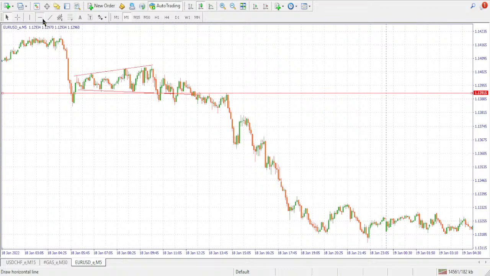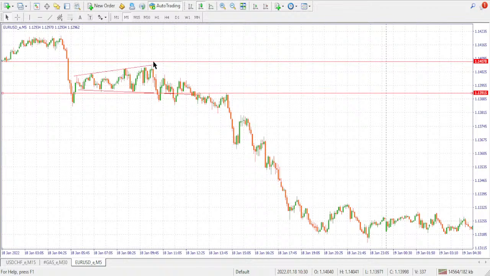Our stop loss is fixed above the high of this candle. And then the take profit, you may be wondering, is actually 2 times the stop loss. So if we have the stop loss here, the take profit should be 2 times the distance between this and this, which should be somewhere around this area here. Does that make sense what I'm saying?